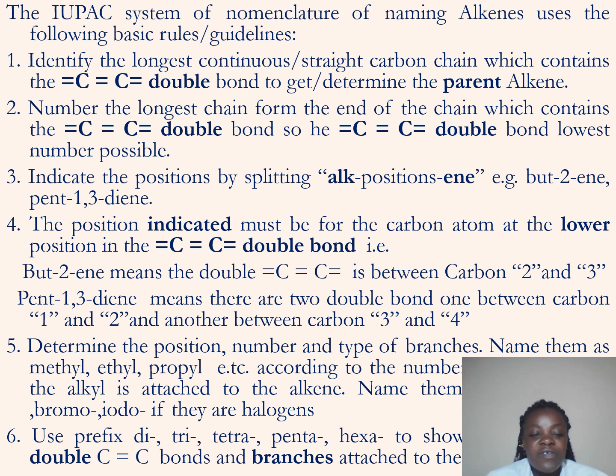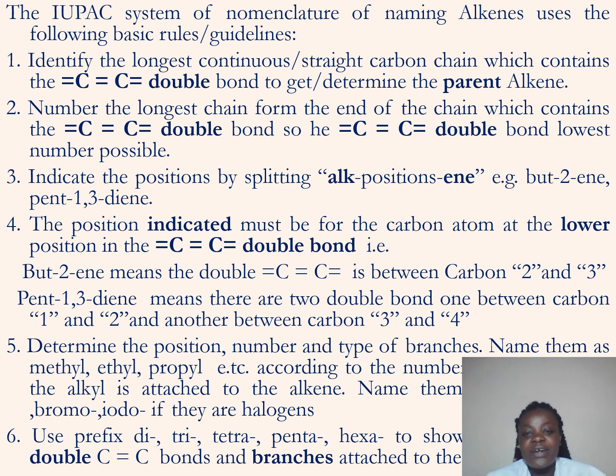So if we have, for example, a pentene with 2 carbon double bonds, one at carbon number 1 and the other one between carbon number 3 and 4, that one will be a pent-1,3-diene. Remember, di is because they are 2.